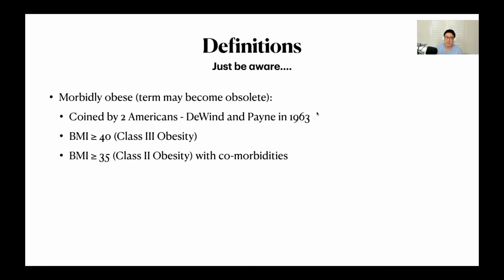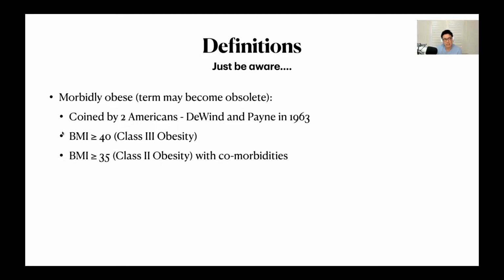But in terms of the lay population, morbid means an unpleasant or unhealthy fascination with disease. So that's why WHO has often said that the way to classify it is by classes. Class 3 obesity is a BMI above 40, and class 2 obesity is a BMI above 35.